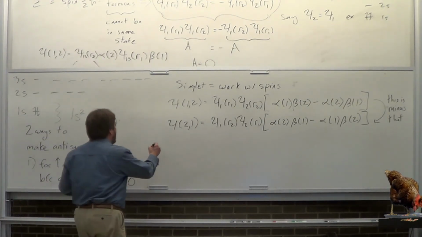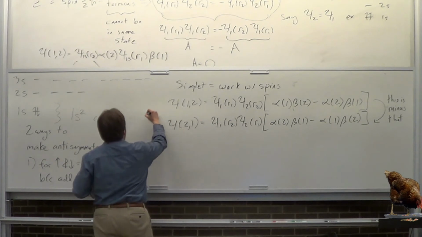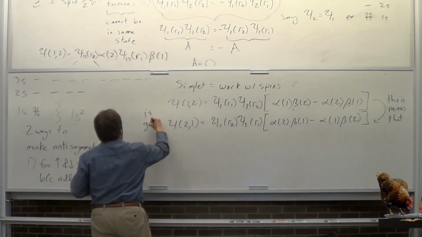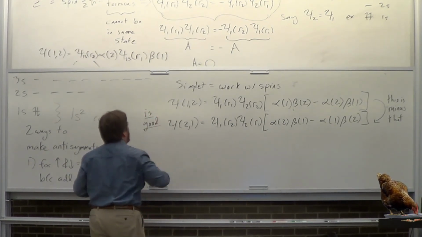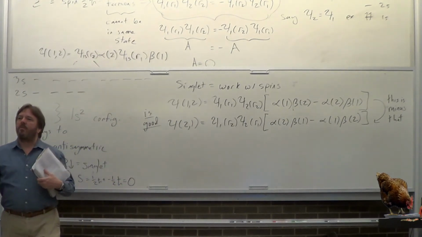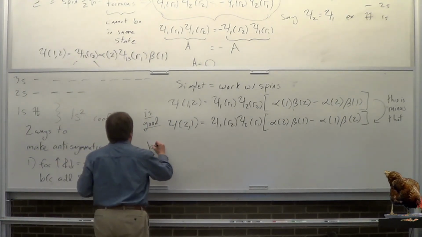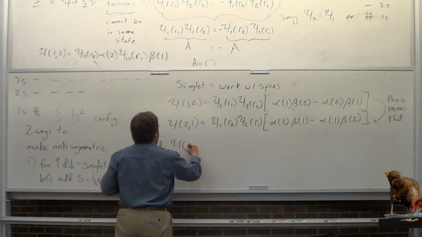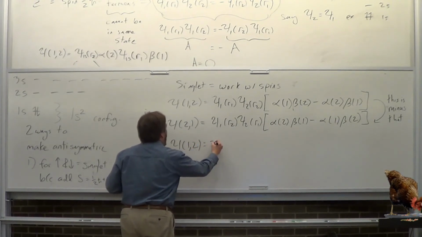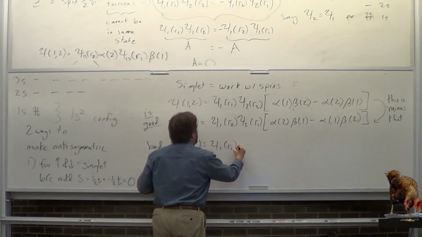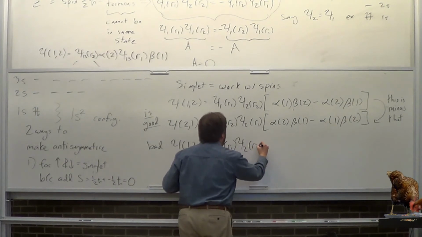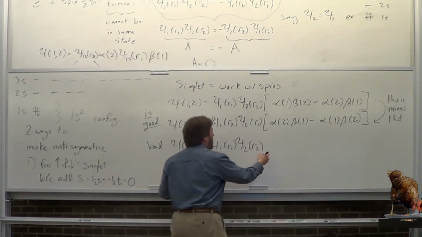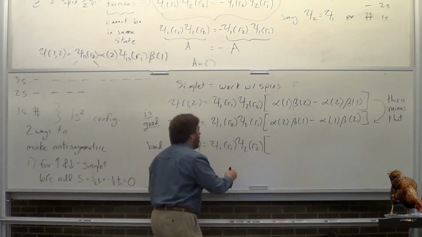I'll give you an example. Okay, so now this guy, this is good. Let's be very primitive. Now let me write a bad one. Again, I'm going to have to describe a configuration that I should not be describing. Now this part, there's nothing going on with this part.